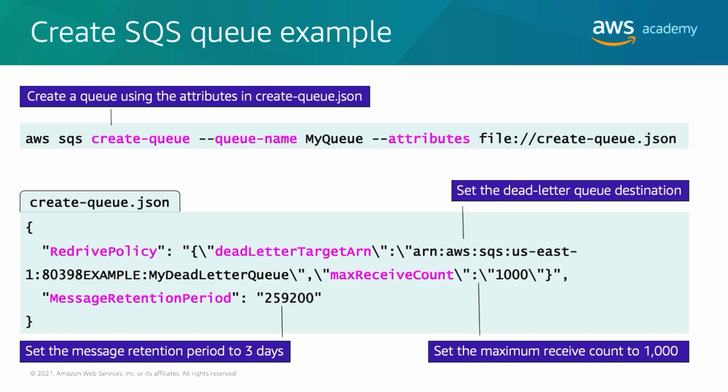The parameters file also sets the message retention period for the source queue to 259,200 seconds, which is 3 days. If a message remains on the source queue for more than 3 days, it will be discarded regardless of the max receive count.